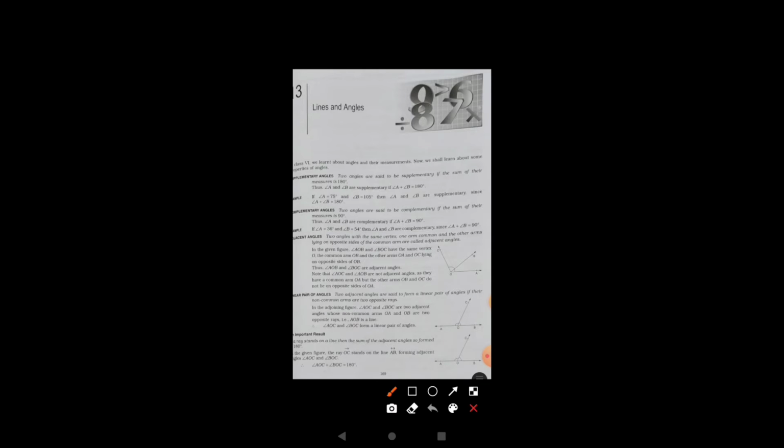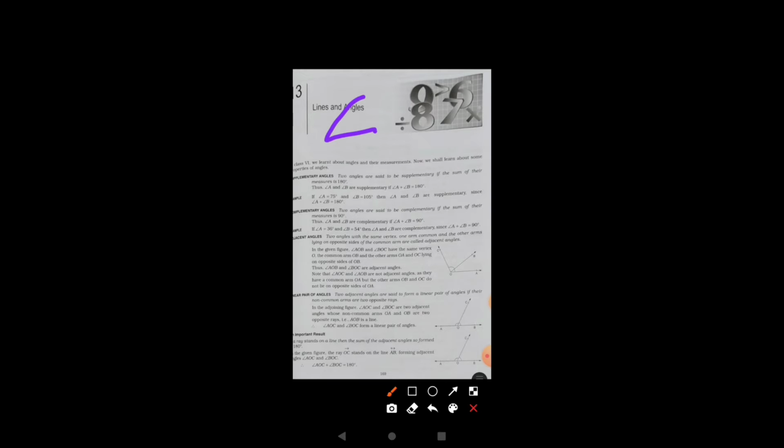What is the difference between supplementary angles and linear pair angles? A linear pair's angle sum is also 180 degrees. We can see this is a straight angle of 180 degrees. The difference is that if any two angles sum to 180 degrees, whether the angles are adjacent or not, whether they have a common vertex or not, it doesn't matter.